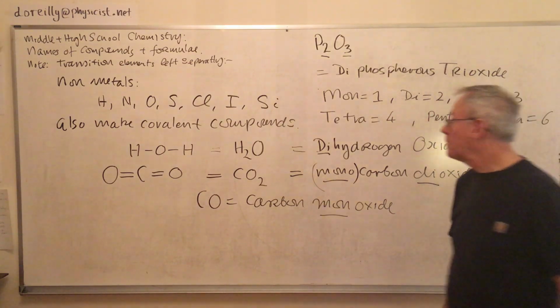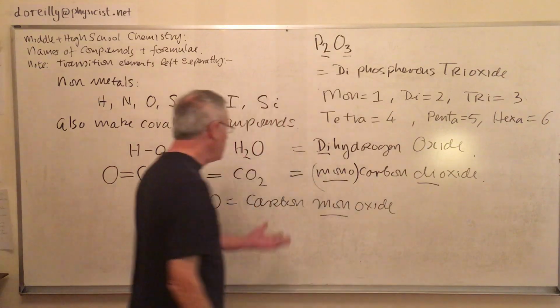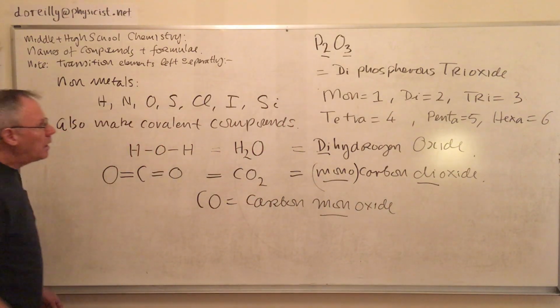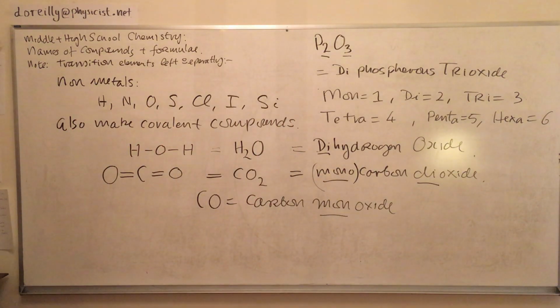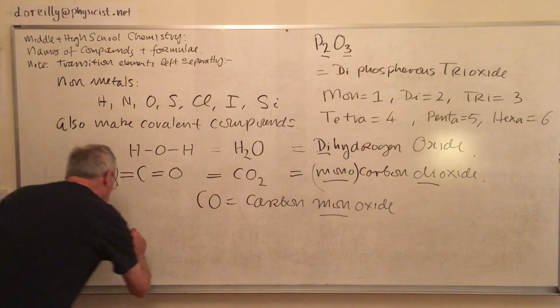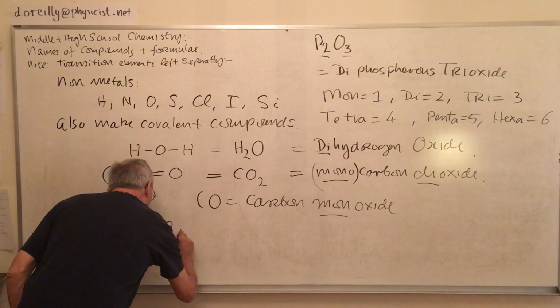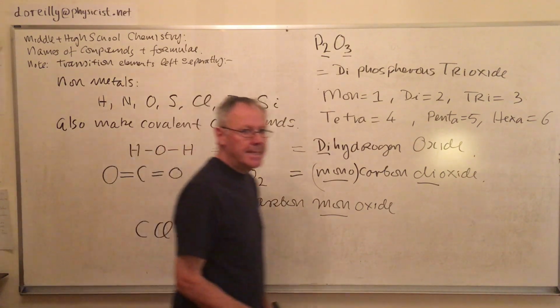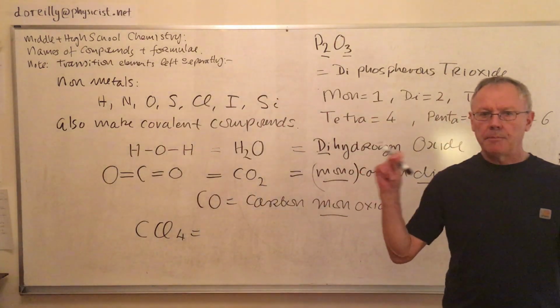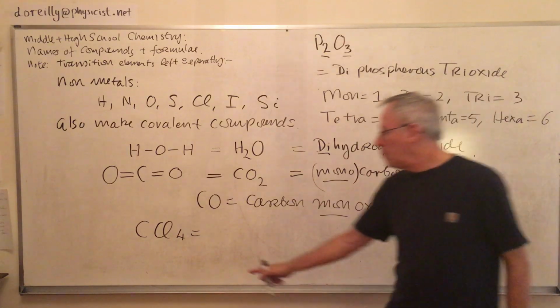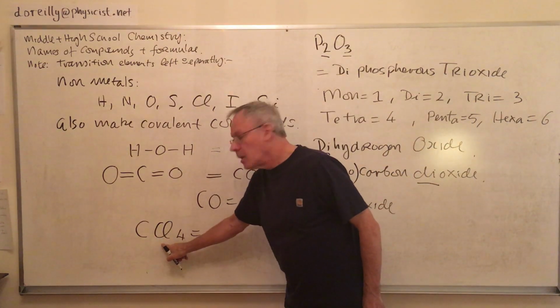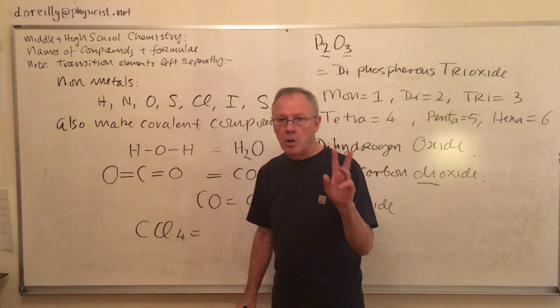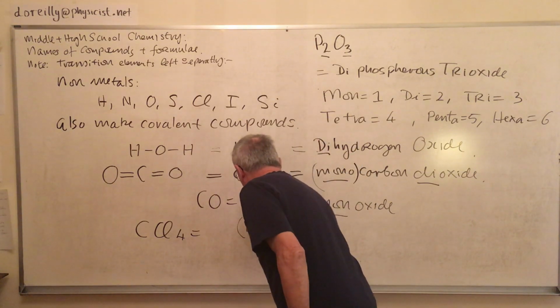Hexa, 6. Mono, di, tri. Let's do another example. Diphosphorus trioxide. What could I do? CCl4. Let's try and name that one together. Monocarbon tetrachloride, although it's usually just called carbon tetrachloride.